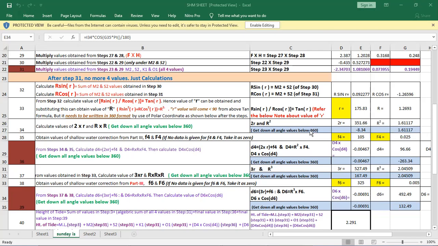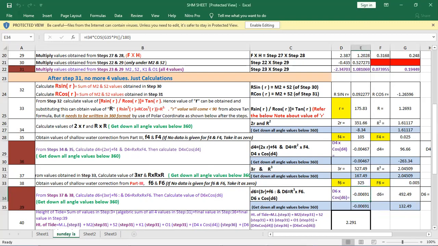Then we have small f4 and capital F4. You can put the values from the tables and calculate with the formulas. And the last step, we add all these step values and you get the type.